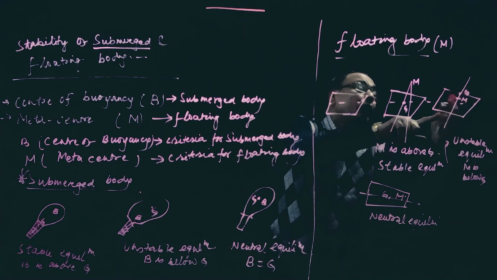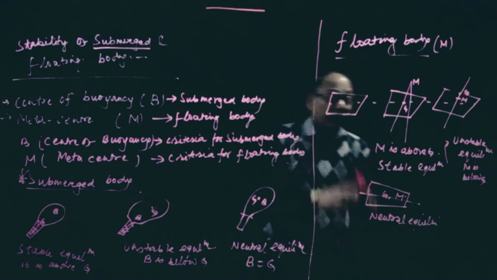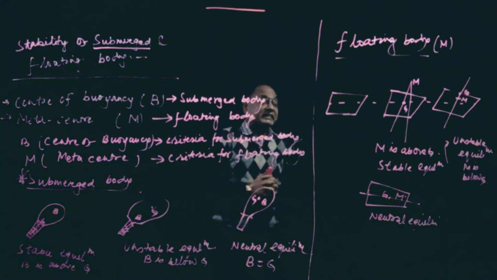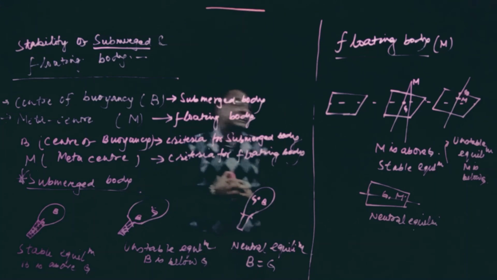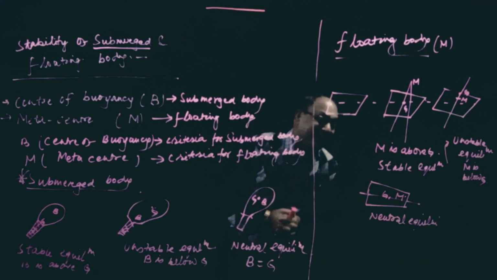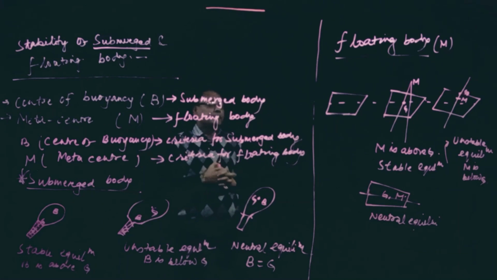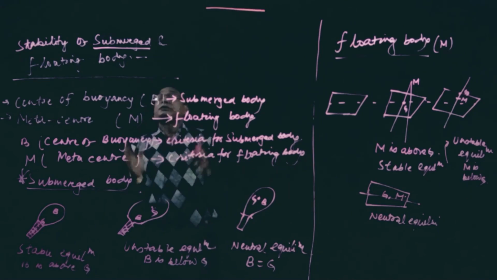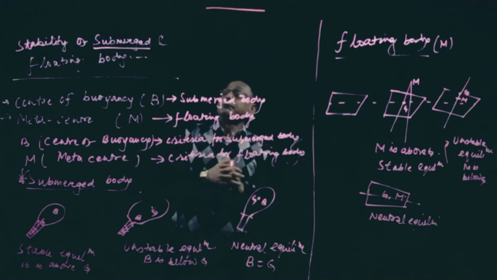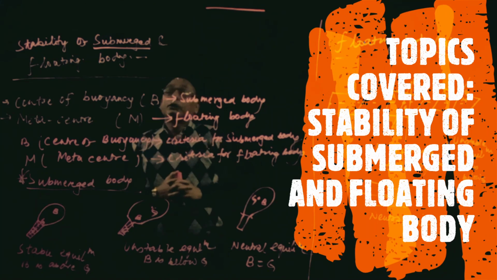When M is below G, that is called unstable equilibrium. At a point where both metacenter and center of gravity are there, that is called neutral equilibrium. Okay, so these are the stability conditions of the submerged body and floating body. Okay, thank you.